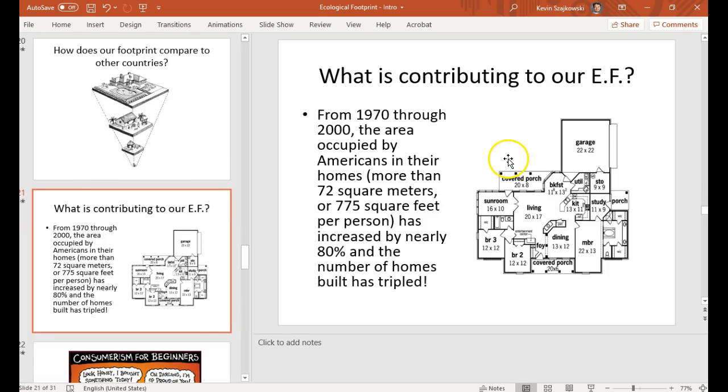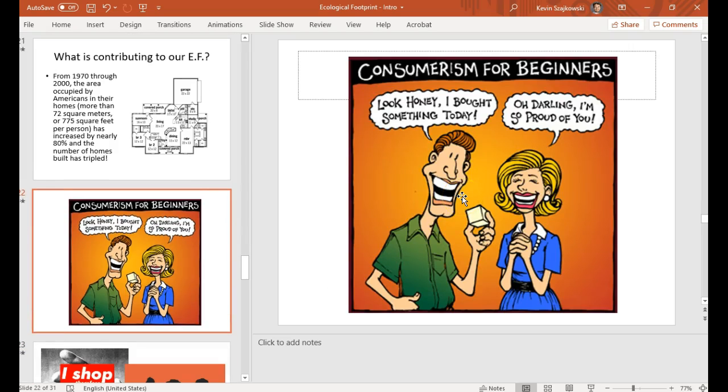Okay, so we talk a little bit in class about what are some of the things that contribute to our ecological footprint, and one of them is the size of our houses. And so there's some interesting data here about how house sizes have changed over the decades in North America. Another major way that we're going to be asking you to consider a little bit more in the next few days is through our consumption of resources for goods and services, for our wants, not just our needs, but our wants.